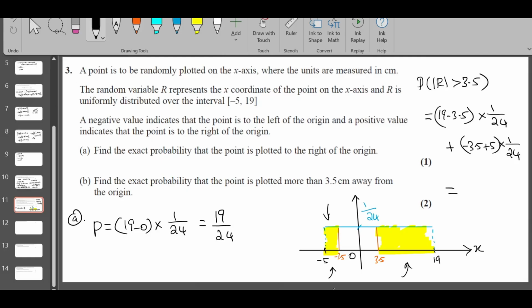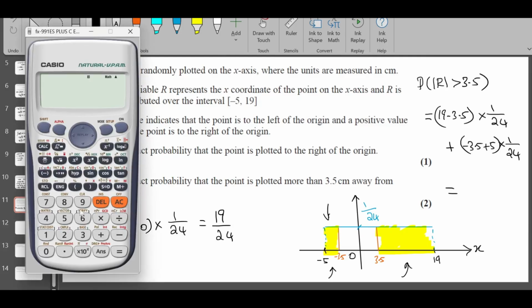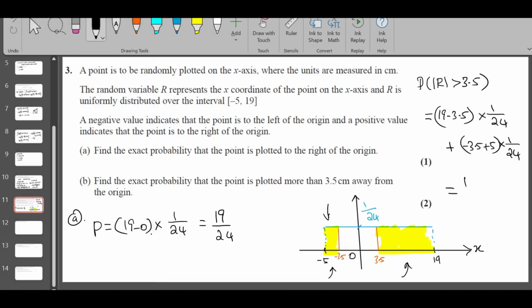Let's calculate this. 1 over 24 is a common factor, so keep the denominator as 24, and on top 19 minus 3.5 and then plus 5 minus 3.5. 17 over 24 is the answer.